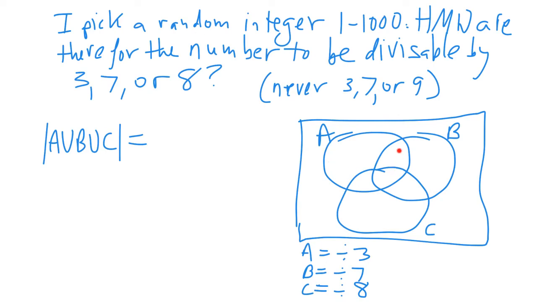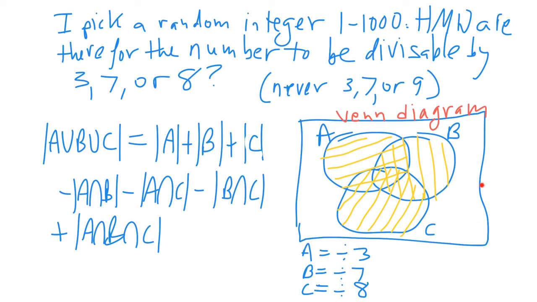So this would be where the numbers are divisible by 3. This would be the area where it's divisible by 3 and 7. This would be the area right here where it's divisible by all 3, because it's in all 3 circles. Notice that we've never asked 3, 7, and 9, due to the fact that 3 goes into 9. That would be not as good of a question, because really it would just be 7 and 9.